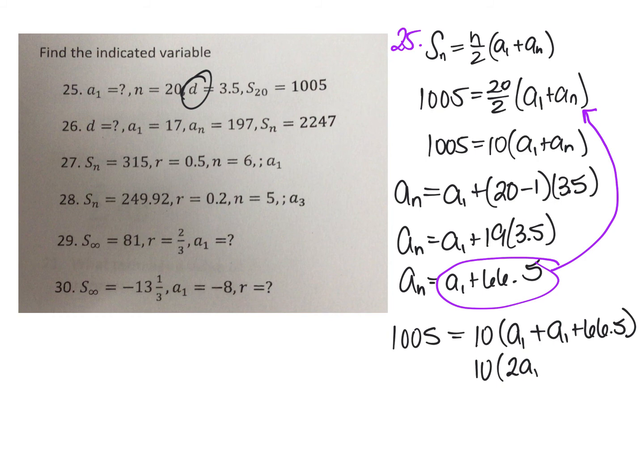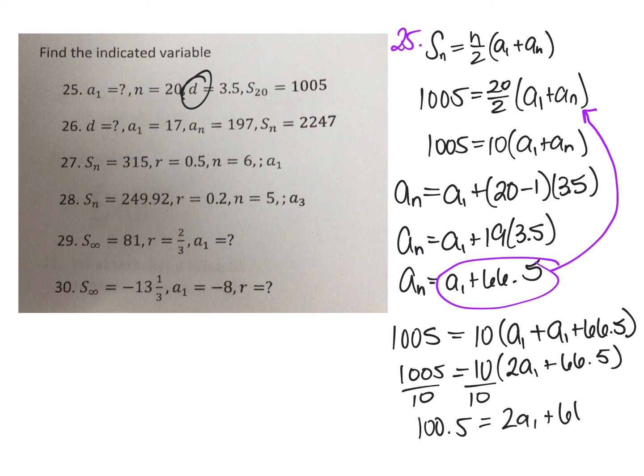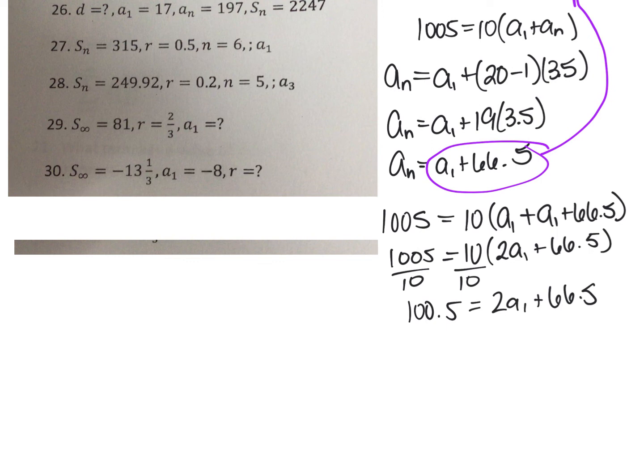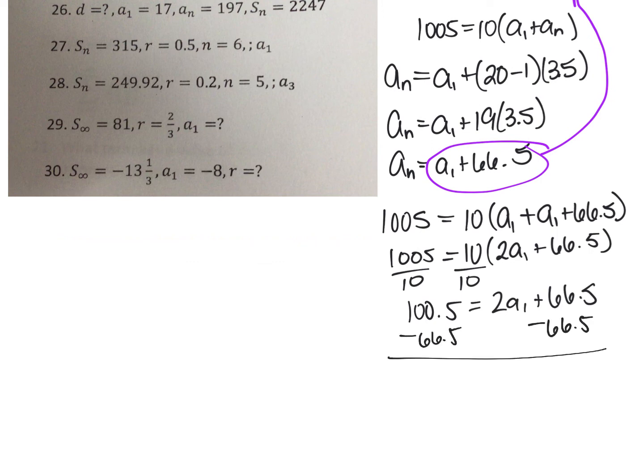It's just a1 plus a1, like x plus x is 2x. So 2a1 equals 1,005. I'm going to divide by 10, and I get 100.5 equals 2a1 plus 66.5. And then I'm going to subtract 66.5, and we get 34 equals 2a1, divide by 2, and a1 equals 17.